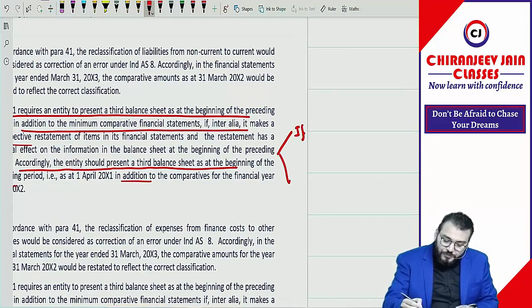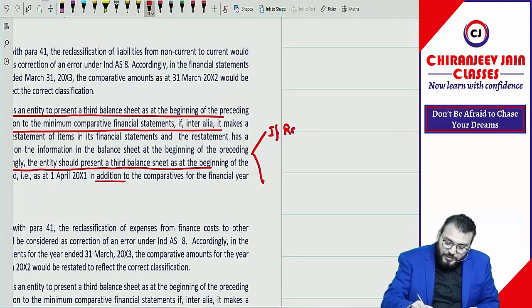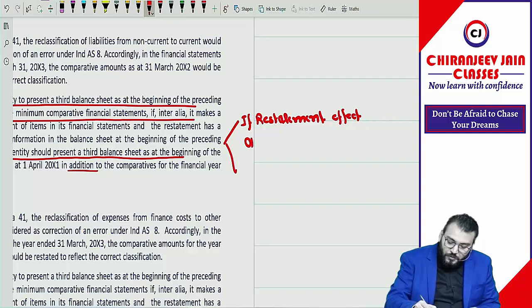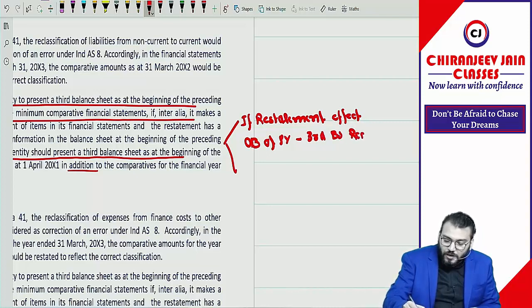If restatement affects the opening balance of the previous year, third balance sheet required.